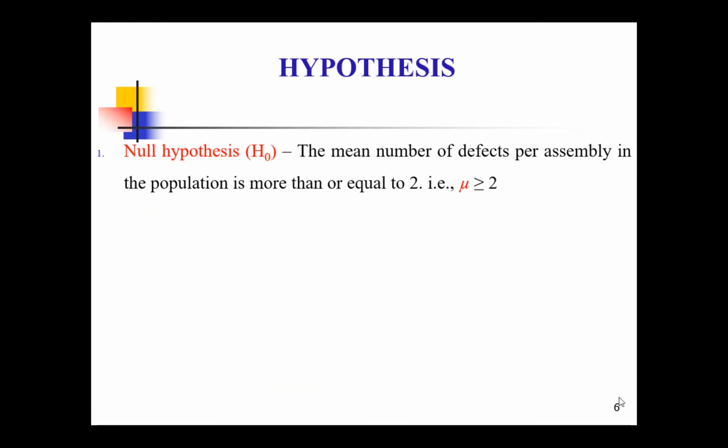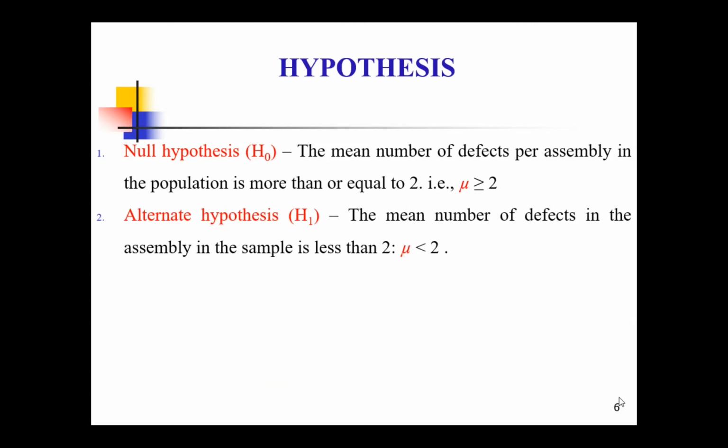The example for null and alternate hypothesis is: the mean number of defects per assembly in the population is more than or equal to 2. This is what I am going to assume about the selected population. In the alternate hypothesis, the number of defects in the assembly is less than 2.